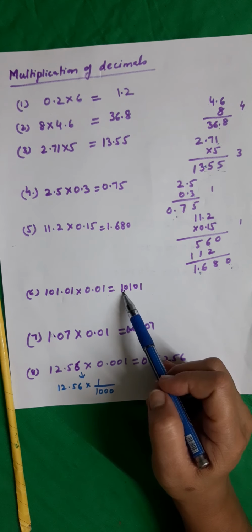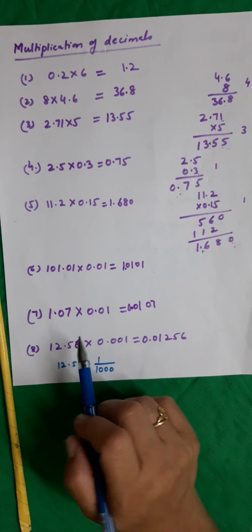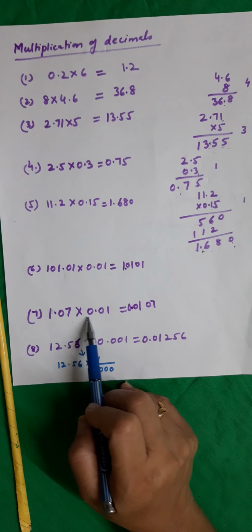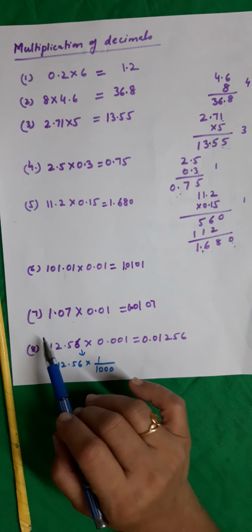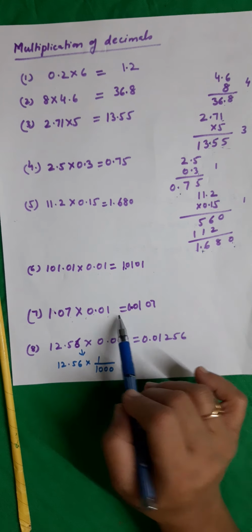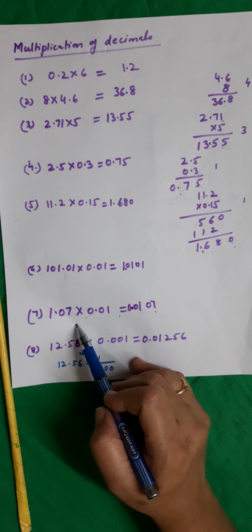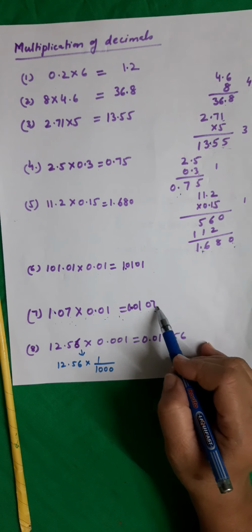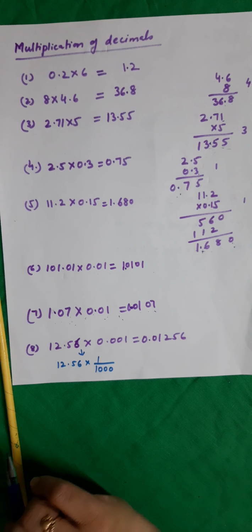So I will put a decimal before 4 digits. Similarly, let's take one more interesting example. 1.07 into 0.01. If we forget the decimal, then you have 107 multiplied by 1. So that should be 107 only. But how many digits are there after the decimal? I have 1, 2, 3, 4. So I will be placing the decimal before 4 digits.